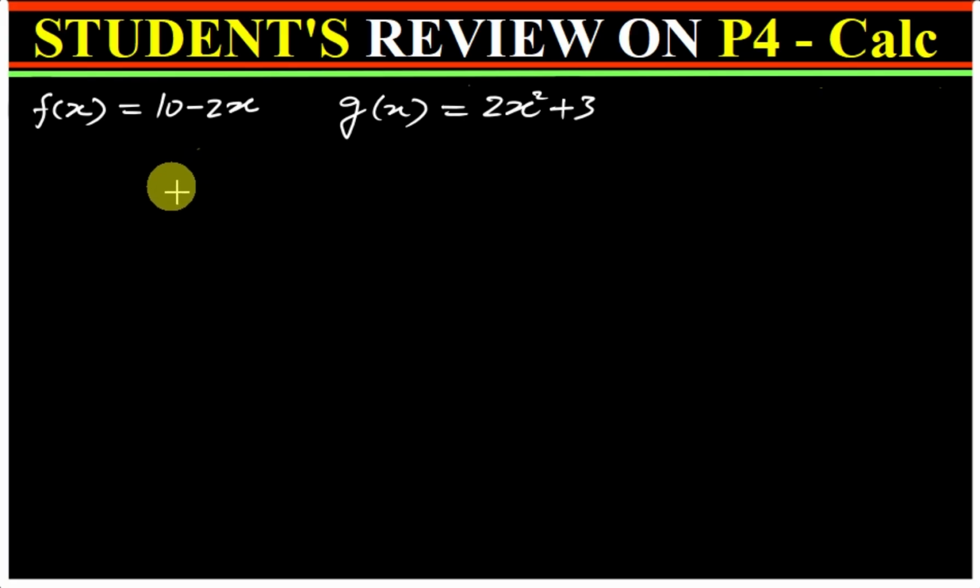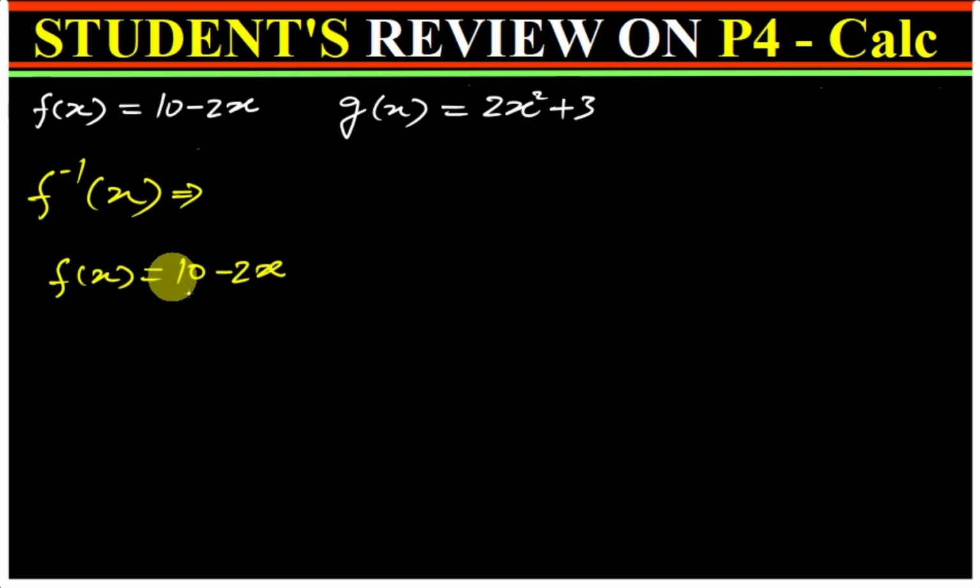In the next part of this question, it was asked to find f inverse of x. So we have to find the inverse function here. It's very simple to find the inverse function of a linear function. The given function f(x) is equal to 10 minus 2x.